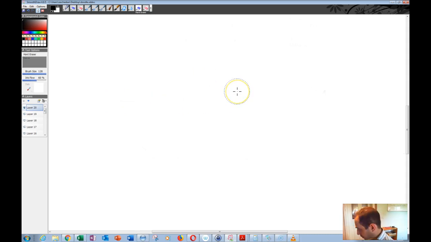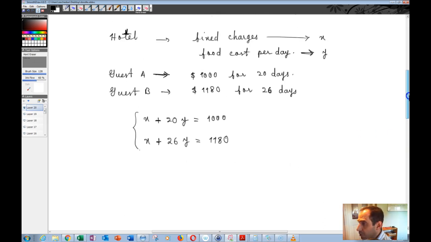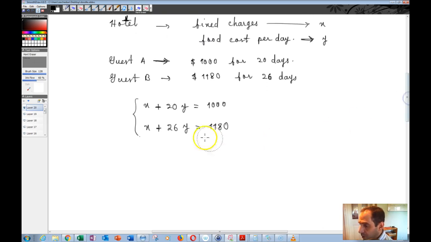Before we continue with the cross multiplication method, you need to write your equations in the general form, and I'll show you how to do that.